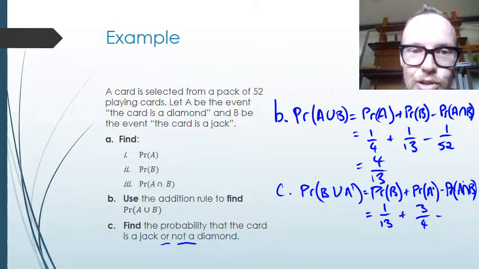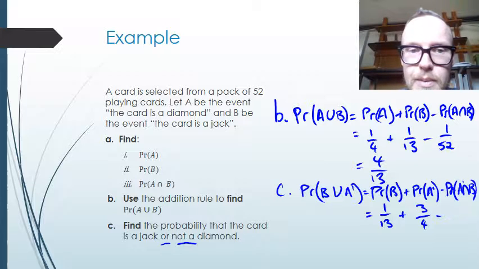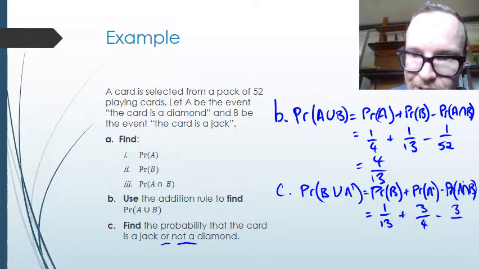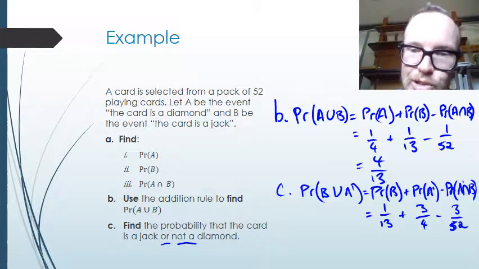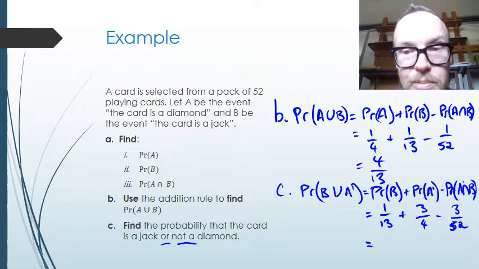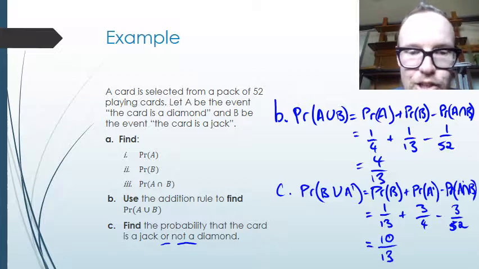How many cards are not diamonds? 3/4 of the pack are not diamonds, and there are 3 jacks in the pack that are not diamonds. So that's 3 out of 52. Then if we add up these probabilities and subtract away our 3 over 52, we get that the probability of a card being a jack or not a diamond is 10 over 13.